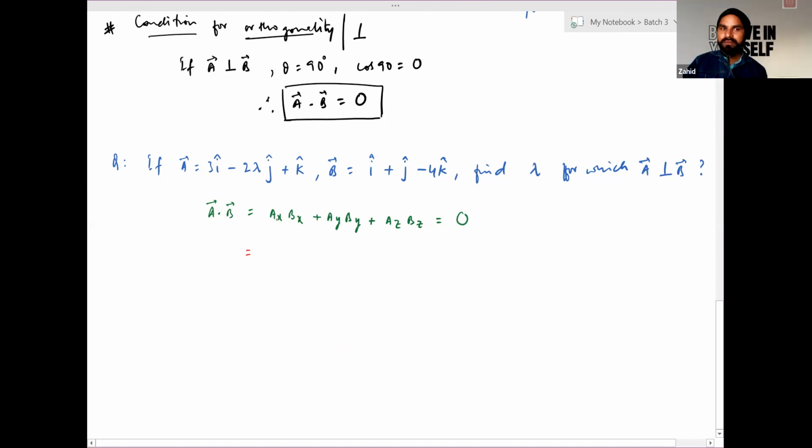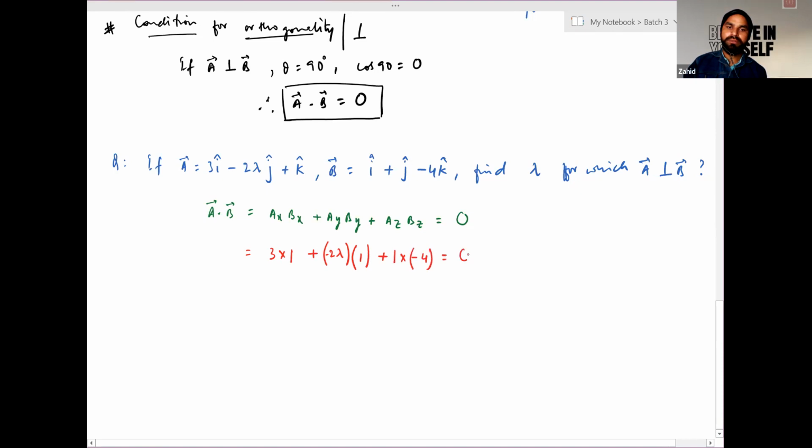In this part, we have AX as 3, BX is 1, plus AY is minus 2 lambda, and BY is plus 1. AZ is 1, BZ is minus 4.